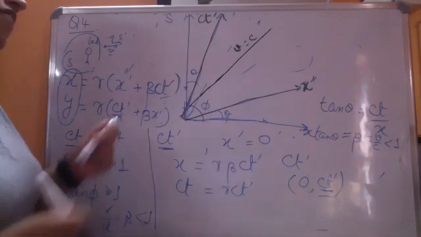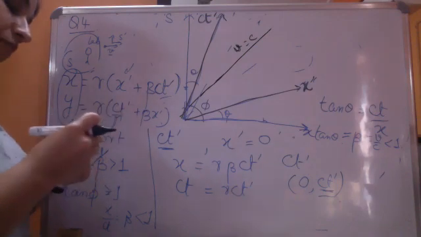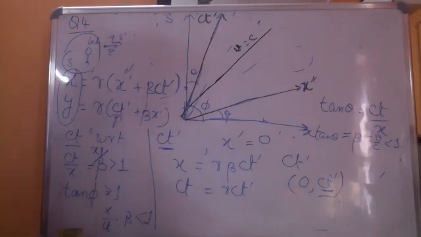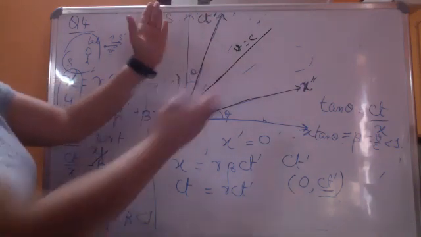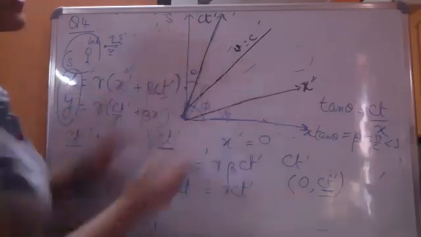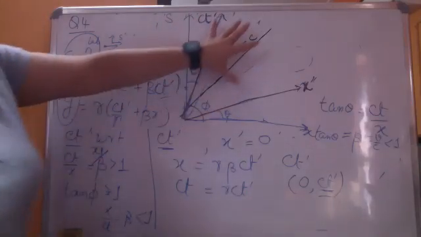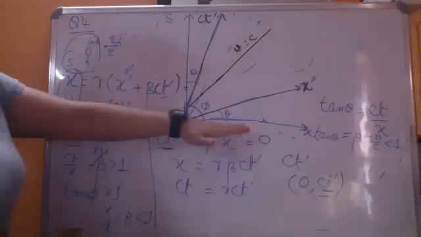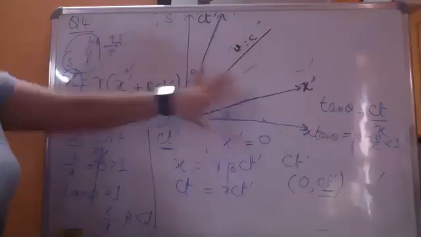Now it is very clear, as I have been telling you every time, that it's a non-linear transformation, not like a linear one, and hence you see it's like a curvilinear coordinate system where x prime and ct prime, if you look at them with respect to x and ct, are not at a right angle.